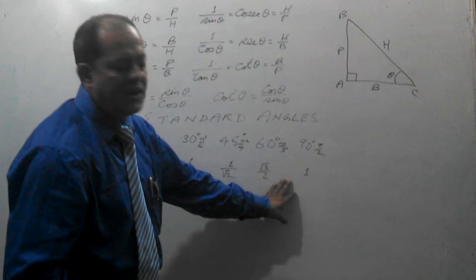So this gets cancelled, so it will be 1 by root 2 only. This one will be root 3 by 2, and 4 gets cancelled, so it becomes 1, root of 1 is 1. Okay.